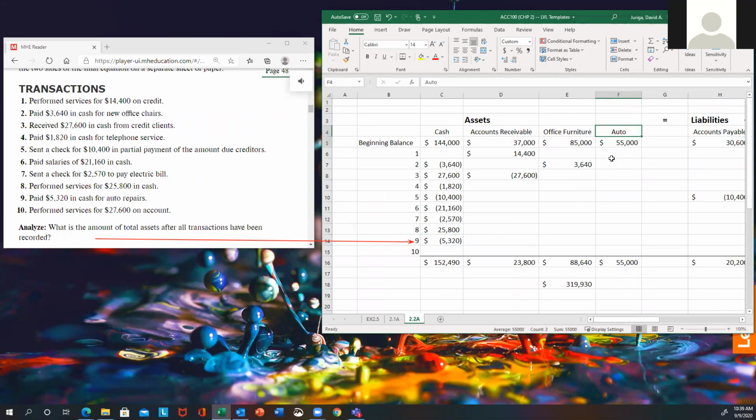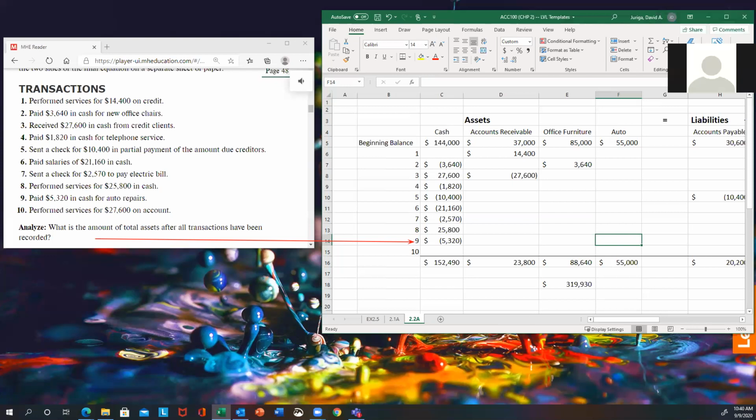Auto? Does everybody say auto? Ask yourself this: auto is an asset, right? In this transaction, did they just buy a new automobile? No. So what are they doing then? Repairing it. What category would we put repairs under? I hear somebody saying expenses.